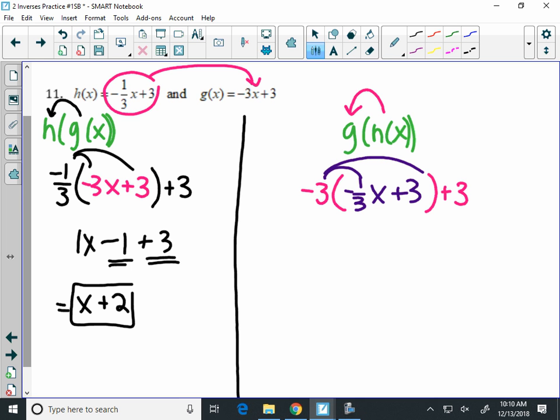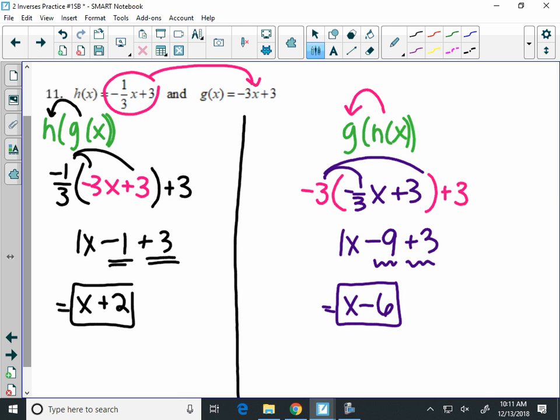A negative times a negative is a positive, and 3 times 1/3 is 1x. Negative 3 times positive 3 is negative 9 plus 3. Well, when I combine these like terms, I get x minus 6, which again is not what we were looking for, because both of these compositions do not give us x.